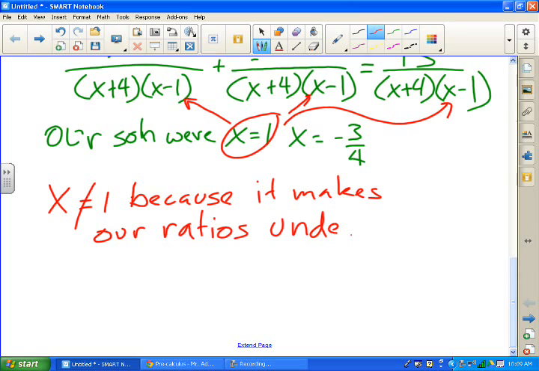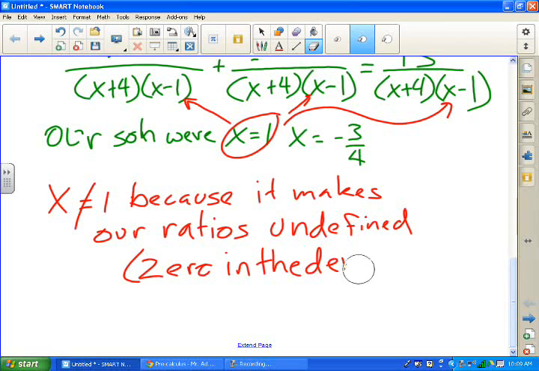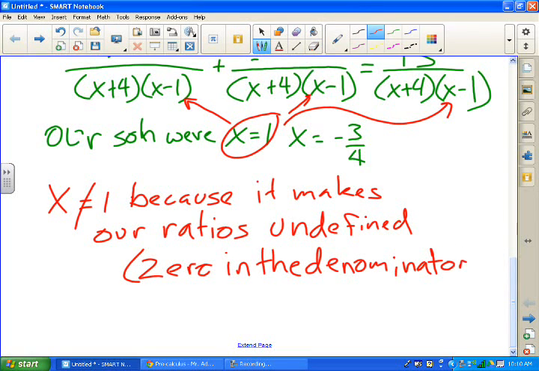Ratio is a fancy word for fractions. So we would say that's the 0 in the denominator, and we can't have that. Our only real solution that we can consider to be a solution to this rational equation is x equals negative 3/4. And that's pretty much it. That's all you have to do for all of your homework.